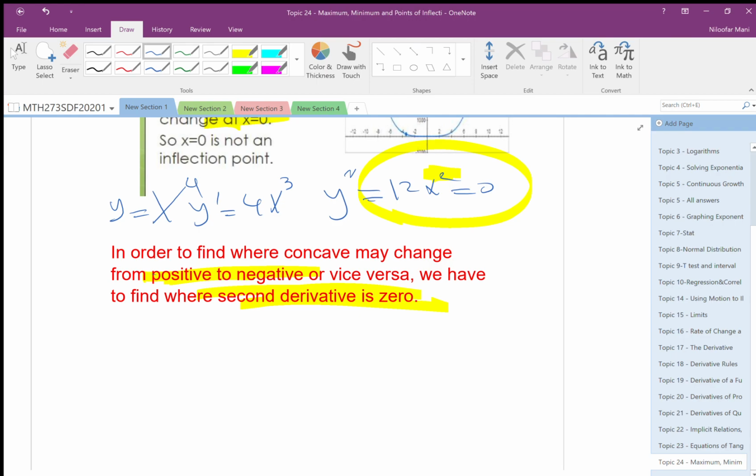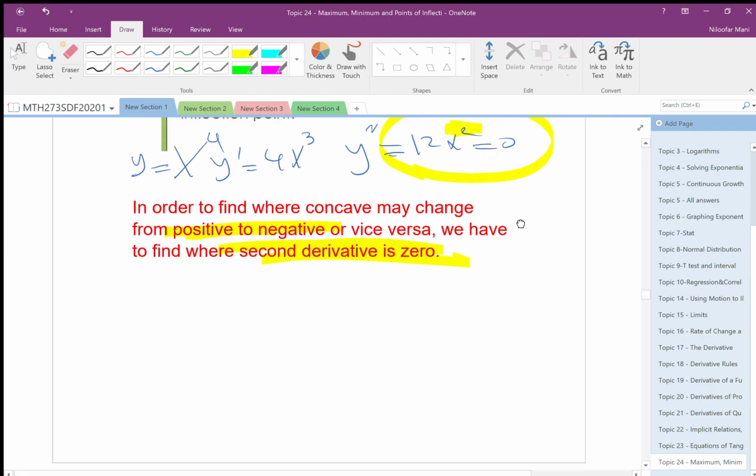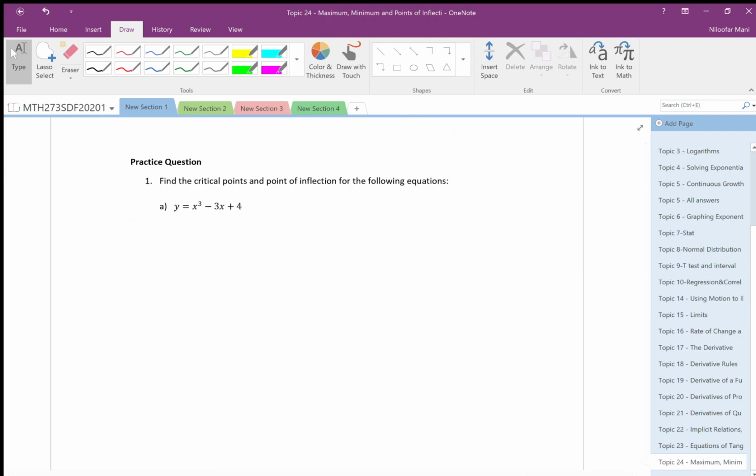But having 0 for the second derivative is not enough. In mathematics, we say it's necessary but not enough. I need more conditions.